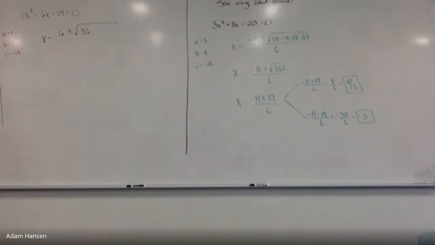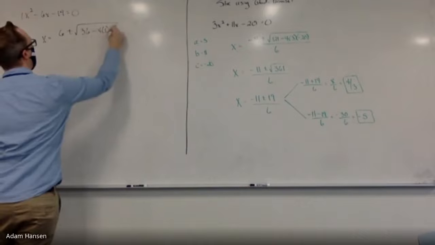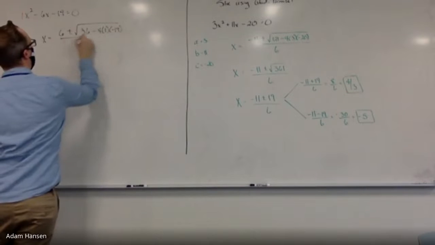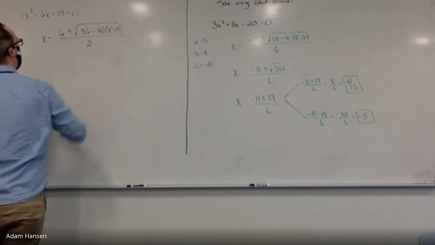Minus 4 times A and C. Minus 4 times 1 and negative 19. All divided by whatever 2 times A is. 2 times 1 is 2.